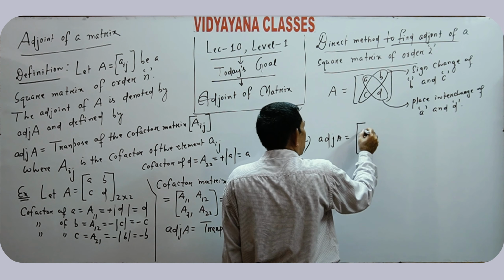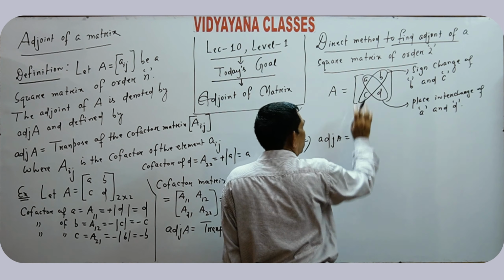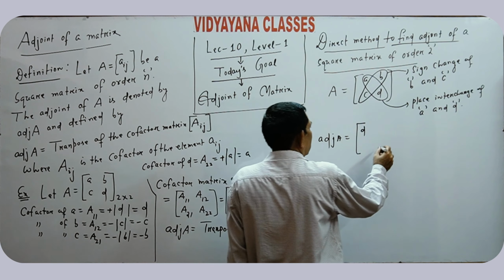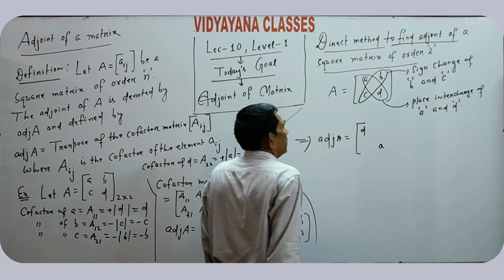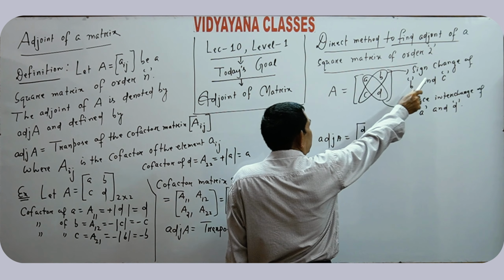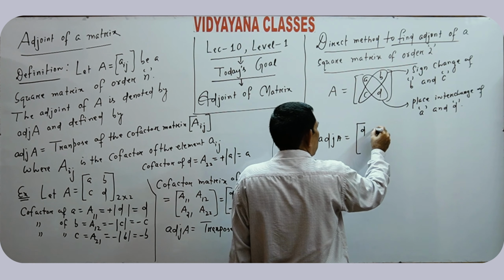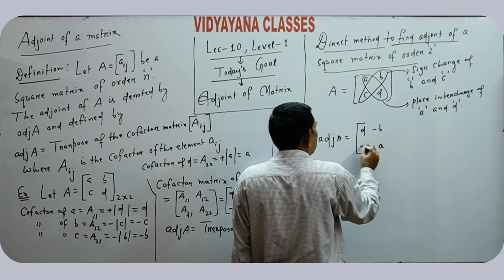A is replaced by D, D is replaced by A. Sign change of B and C, that is minus B and minus C.